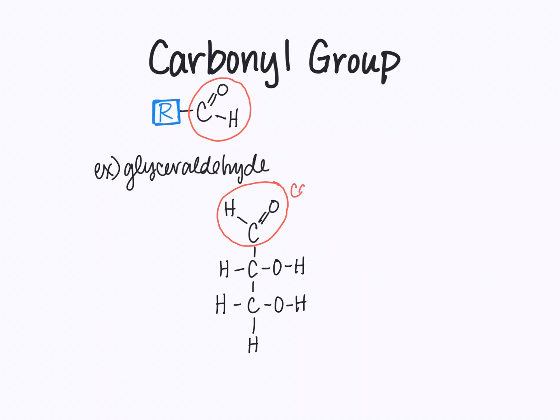So this would be our carbonyl group here. Now you may have also noticed that we have our hydroxyl group also found in the same molecule, because remember OH is our hydroxyl group. So this is a great example of how an organic compound can have more than one type of these reactive groups.